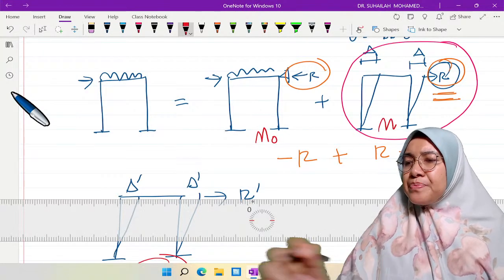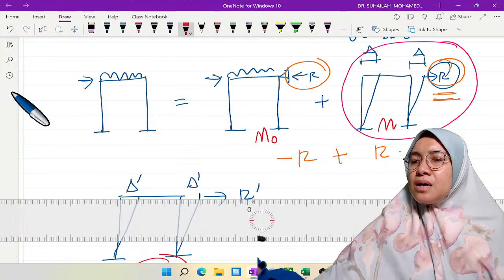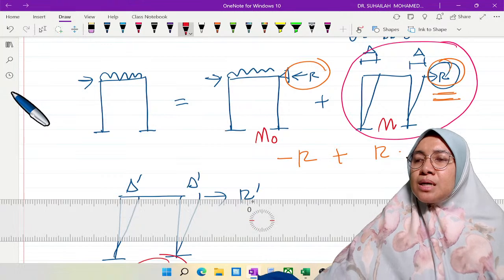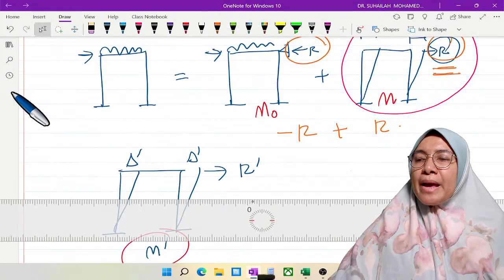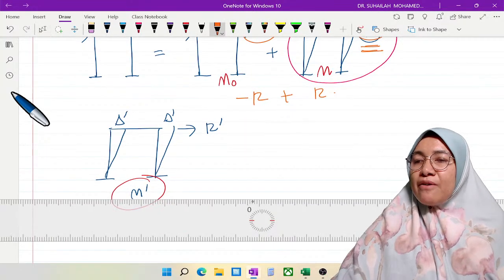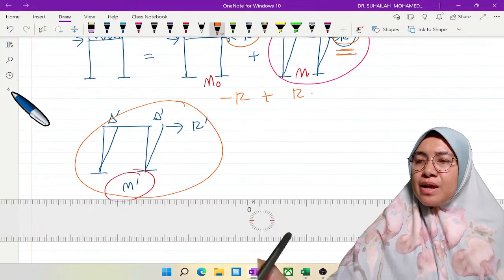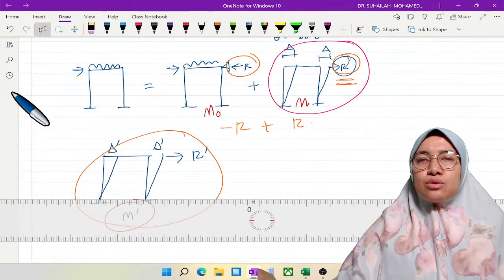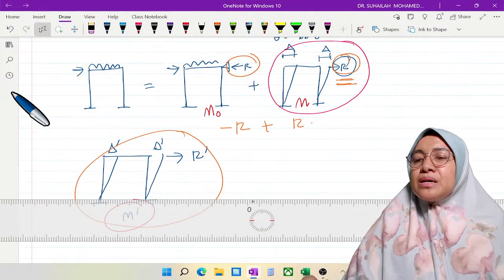Due to R, due to delta, there will be M. We have to compare these two frames, the two frames that I have circled.